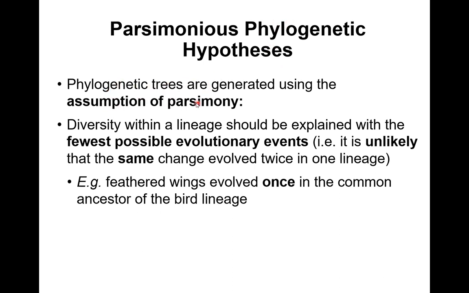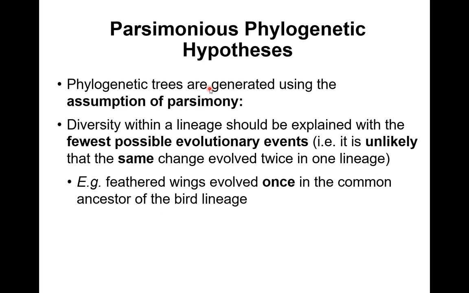That's the reason why, when you make phylogenetic trees or hypotheses, you use what is called the assumption of parsimony. What you assume is that any new character that you find is most likely due to the smallest number of possible evolutionary events. So if you find fins in many animals, you don't start thinking that in every animal they evolved again. What you do when you create a phylogenetic tree is try to put them all together, possibly, unless there is other evidence that suggests that they may not be put together.